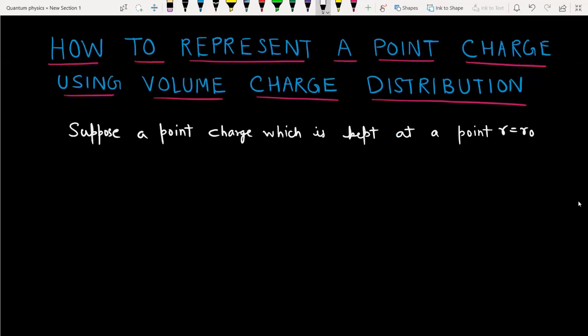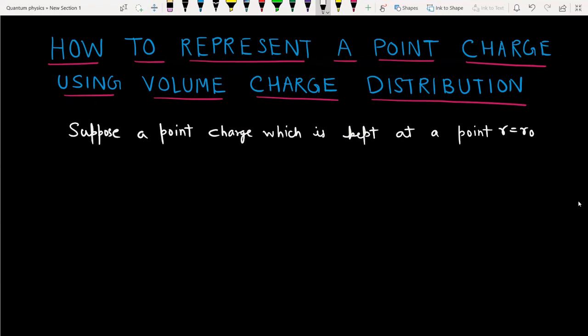And now I ask you, what is the volume charge distribution or the volume charge density of this point? It is very obvious: since there is no charge kept except at the point r is equal to r naught, the volume charge density will be 0 everywhere except at this point, because there are no charges anywhere else.